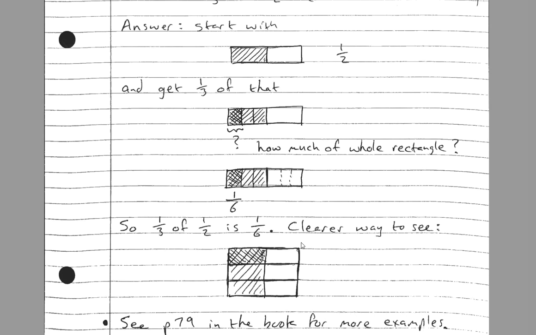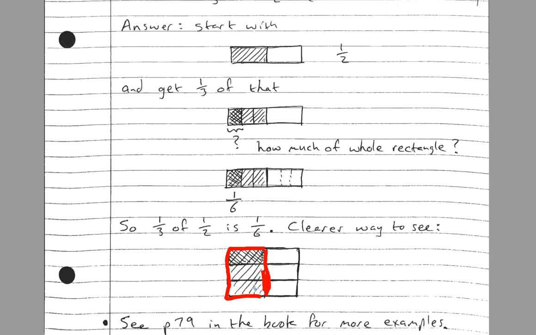Maybe a clearer way to see that is like this. We have the whole rectangle. Divide it into 2 pieces.